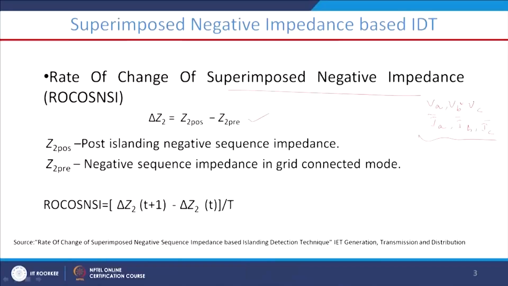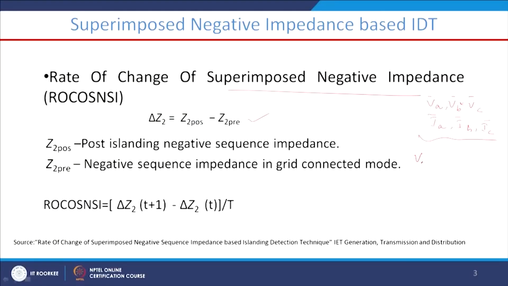After getting these, we calculate the phasors at the terminal of the DERs using the least error square based technique, because the least error square based technique can extract the fundamental even if the signal has a decaying DC component, and also if the signal has some harmonic components.